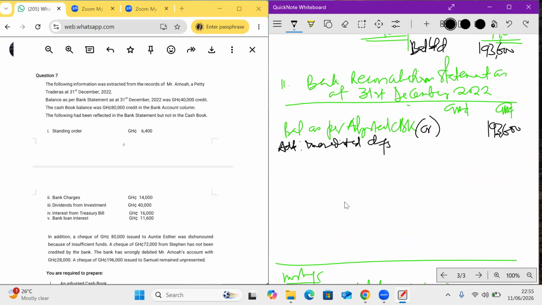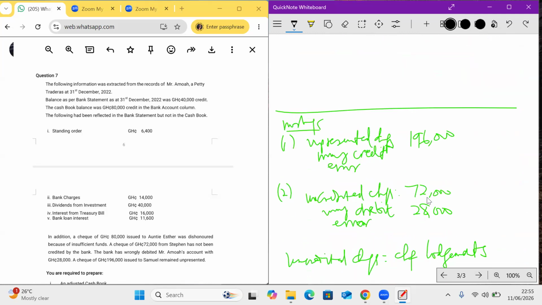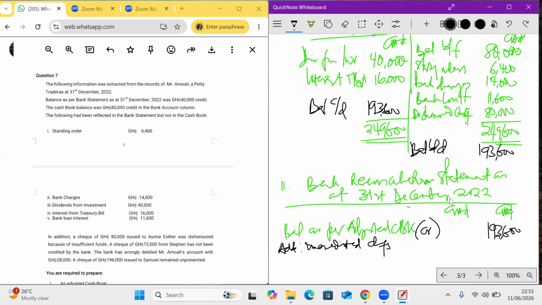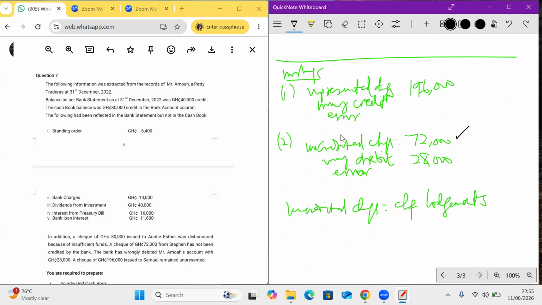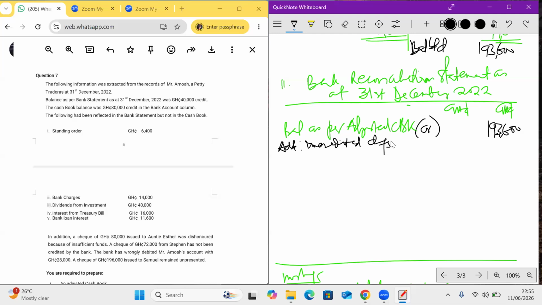checks. Then let's look at what we did. What's our uncredited checks figure? Uncredited was 72,000. So we just copy and paste whatever is here, which has figures. So uncredited checks of 72,000 here. Then wrong debit. How much? 28,000.